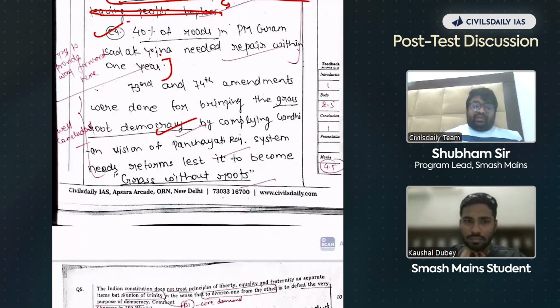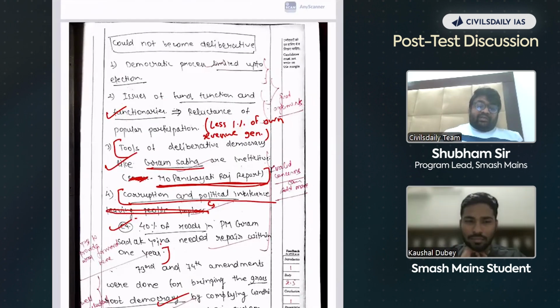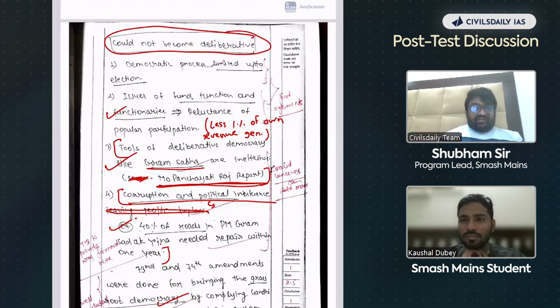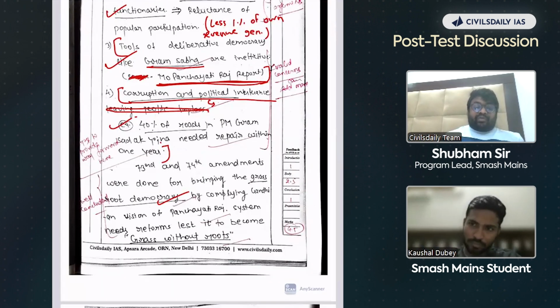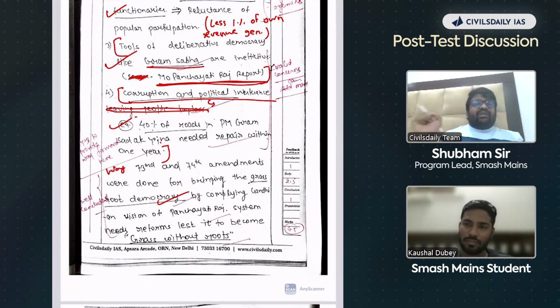Here again, remember this: whenever you are highlighting any negative points or limitations or challenges, always provide the way forward. Even though they haven't specifically asked for the way forward, you can use the diagrammatic representation. So whenever there is no specific demand with respect to way forward, use the diagrammatic representation, simply mention the keywords. That's it.